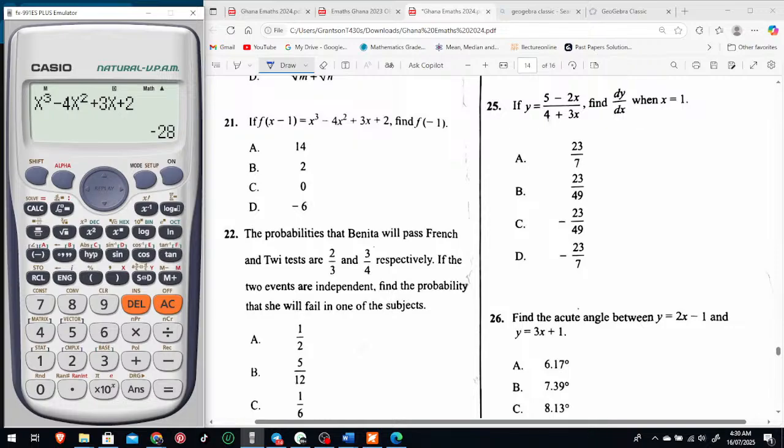So you see, when I put negative 1 here, I'm not getting that negative 28. So this is not the best approach to use.